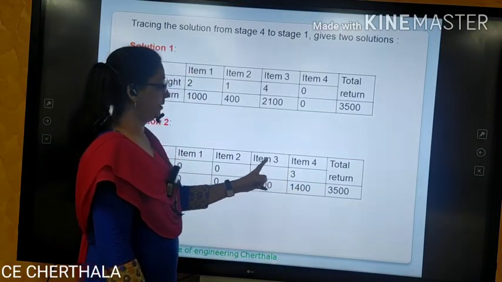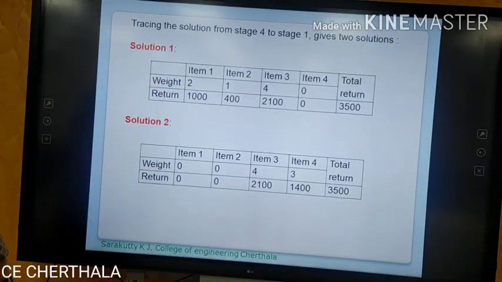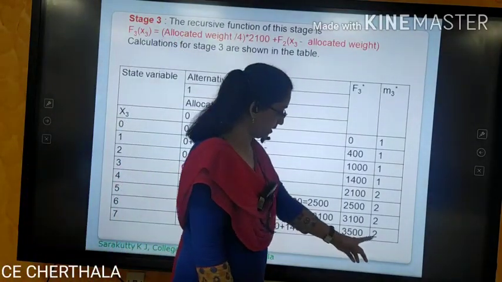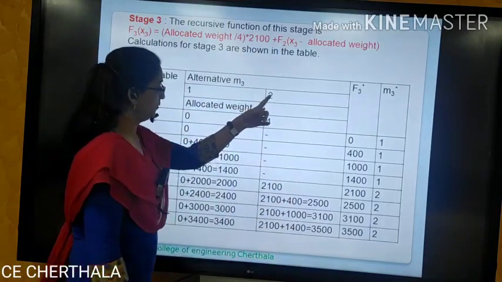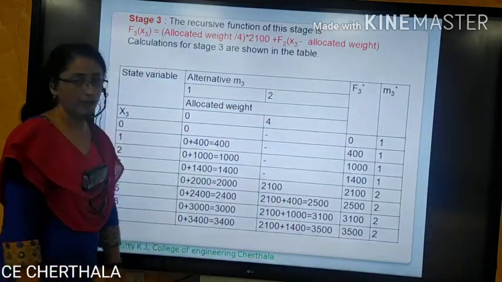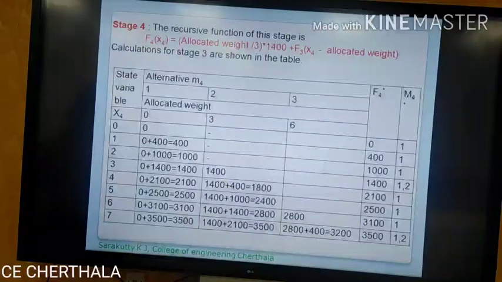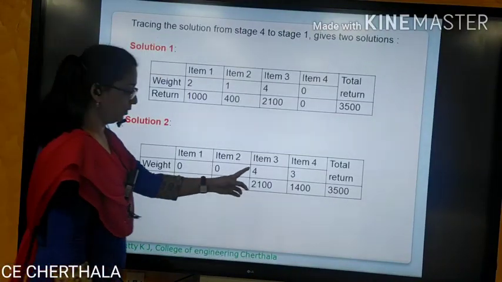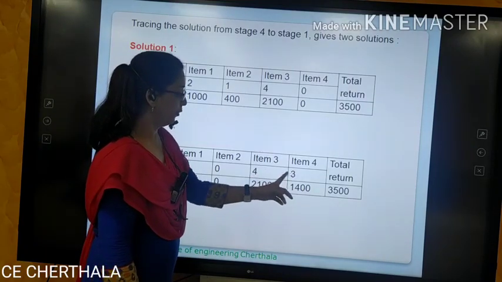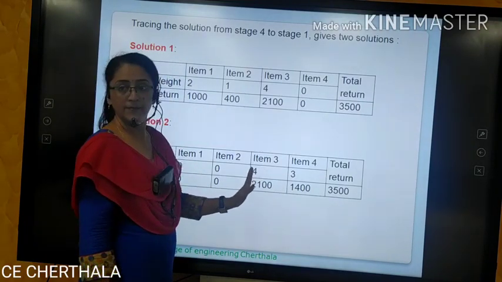Then to get item number 3, again look at stage 3. In stage 3, the best option is second one. Second one means 4 ton. So take 4 ton of item number 3. So now here 4 plus 3, 7 ton is obtained.